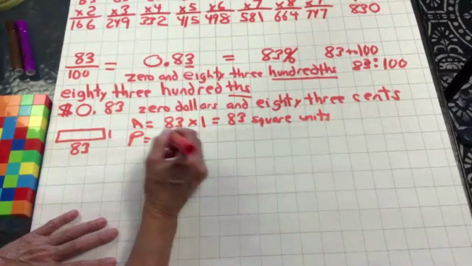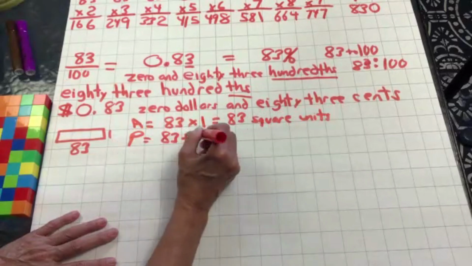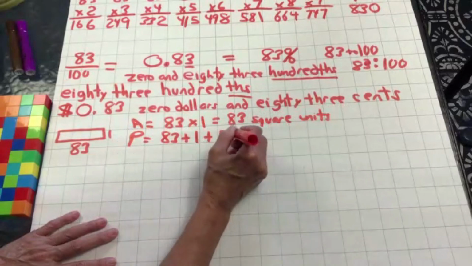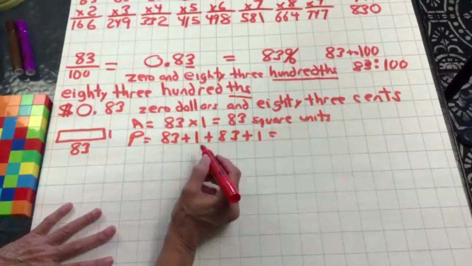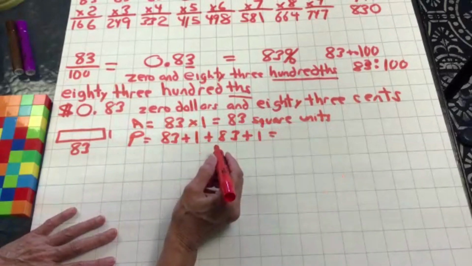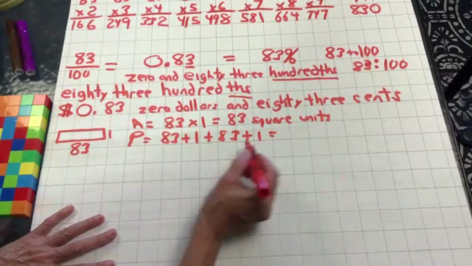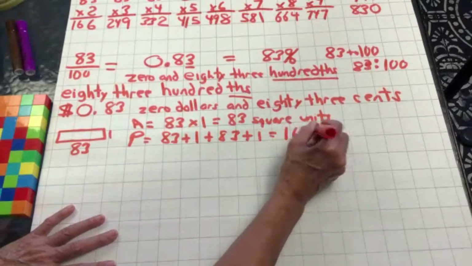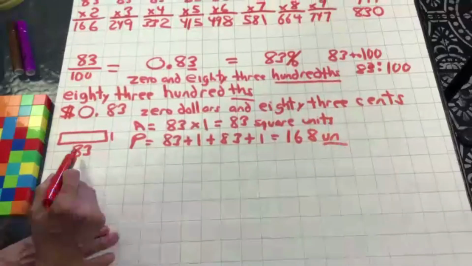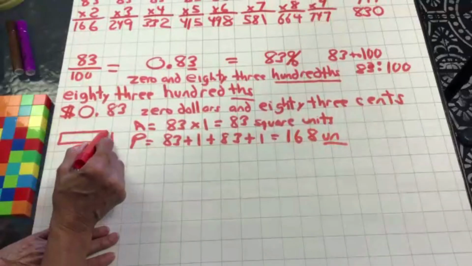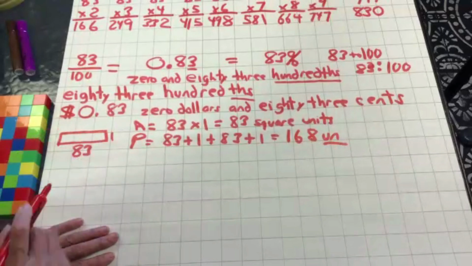And our perimeter for this would be 83 plus 1 plus 83 plus 1 equals, and we know 83 plus 83 is 166, plus 2 more is 168 units. Units are linear, we just have units.